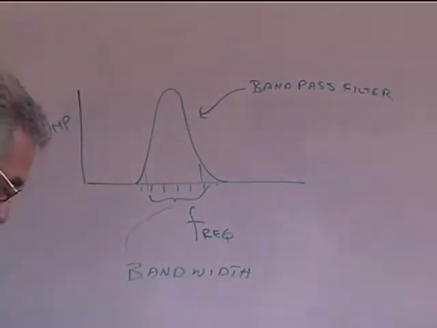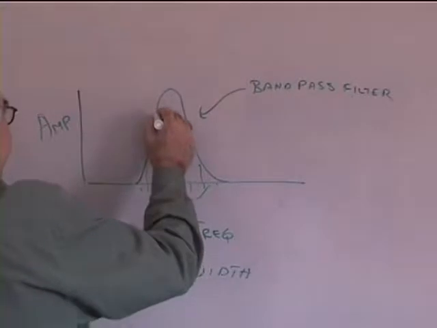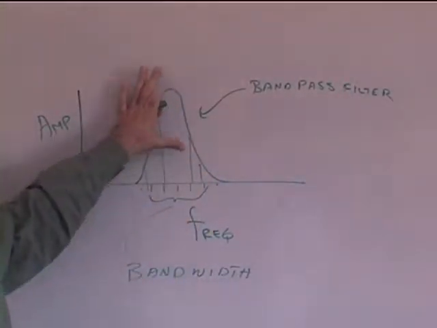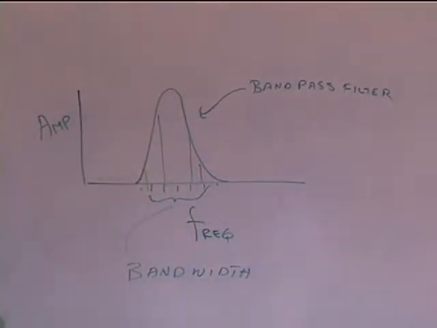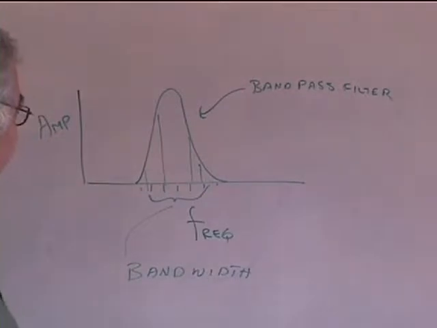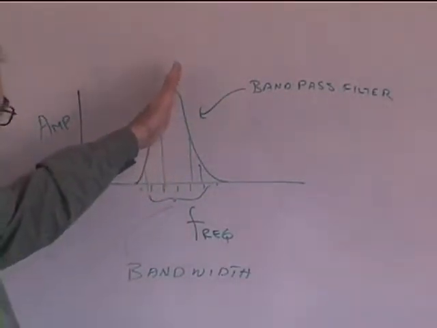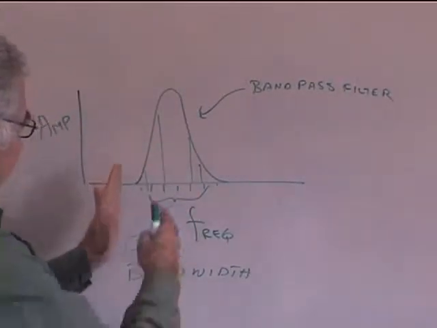What's really important about a filter is that if two frequency components appear in the filter, and we're only looking at the output of the filter itself, then we can't hear them out as separate tones. They've just excited the filter itself. The frequency resolution of this filter is limited by its bandwidth.